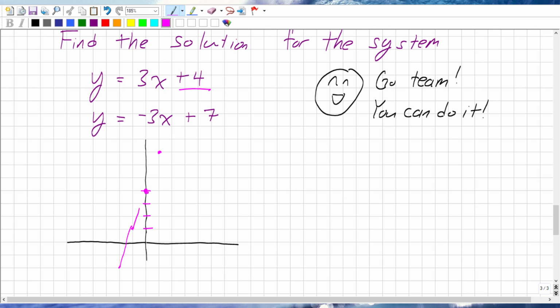We get a pretty steep line here, so we have to be careful with it. For the other one, we start off at 7, and then we go down 3 and to the right 1.